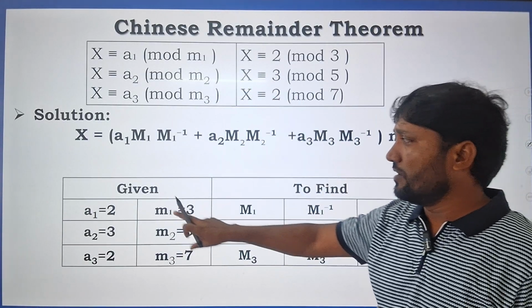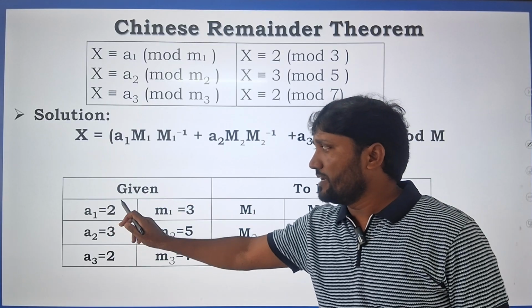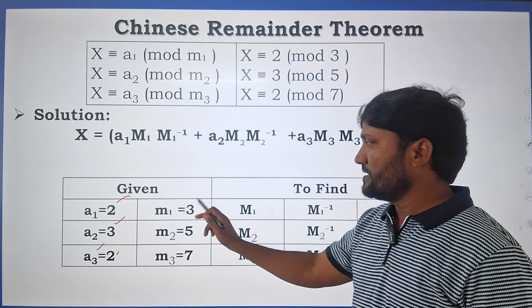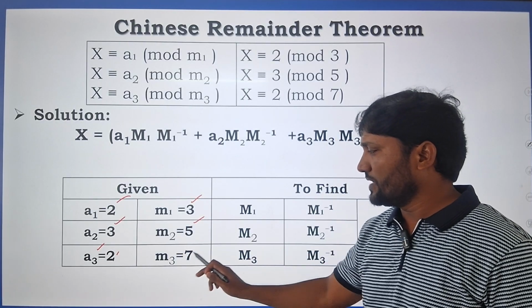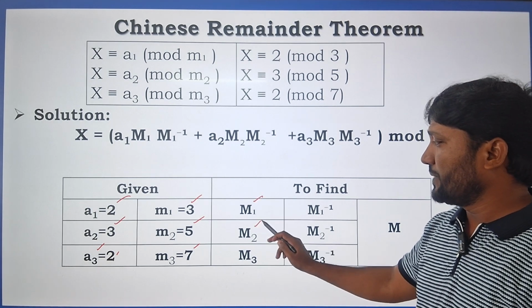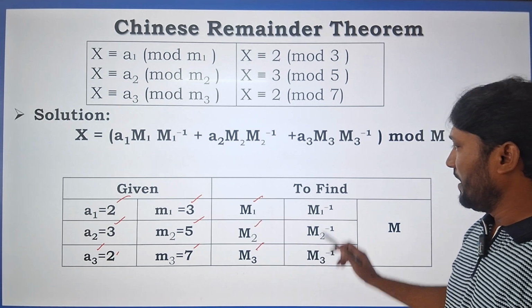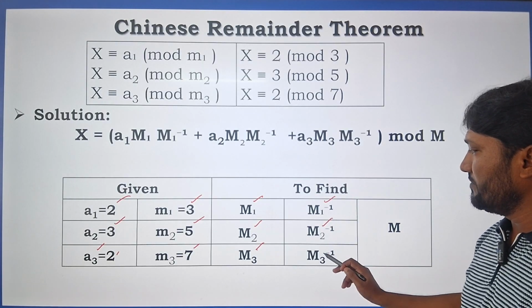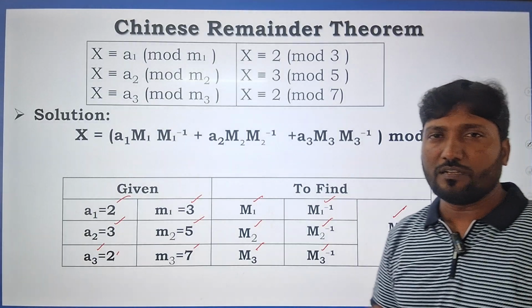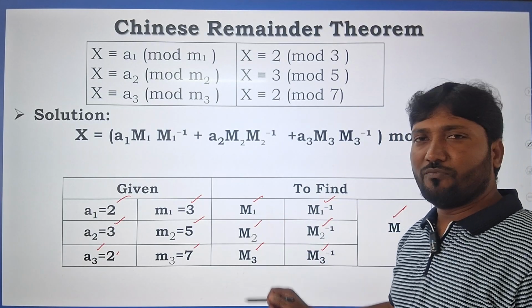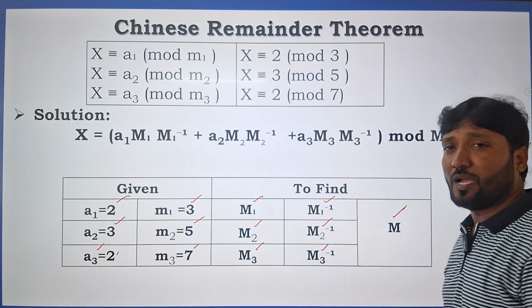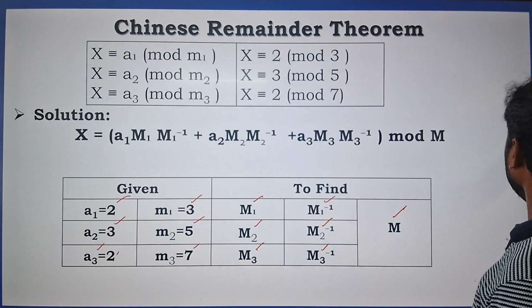From these equations, the given values are a1 is 2, a2 is 3, a3 is 2, and m1 is 3, m2 is 5, m3 is 7. Now we need to find capital M1, M2, M3, M1 inverse, M2 inverse, M3 inverse and M. Let us see how we will calculate these in the next slide.